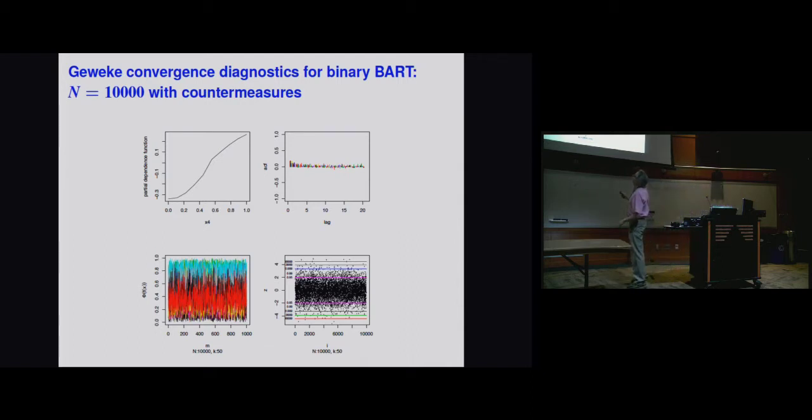Still nailing the effect, but very low autocorrelation, very good travel of the trace plots, and the Gawecki chart is vastly improved. See, very few outside of the green. Remember before there were even lots of them outside of the red. I see you stunned.